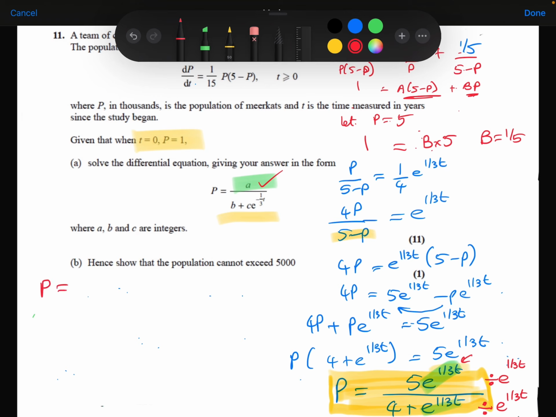So the numerator will just be left to be the 5. I will have 4 divided by the e to the 1/3 t, plus the e to the power 1/3 t divided by the e to the power 1/3 t is 1. And all I'm going to do now is I can move this up to be next to the 4 as long as it has a negative power.